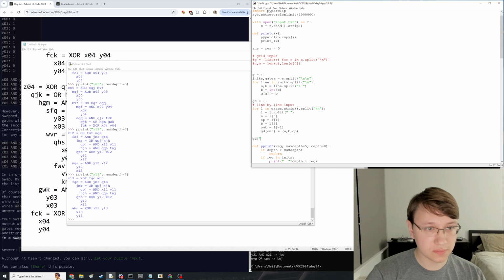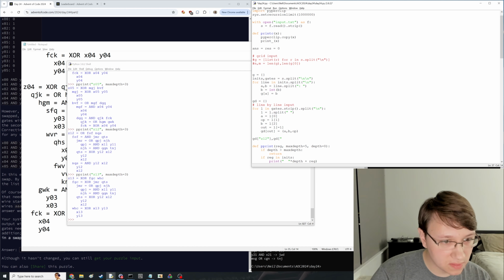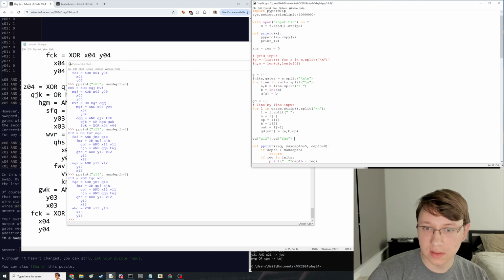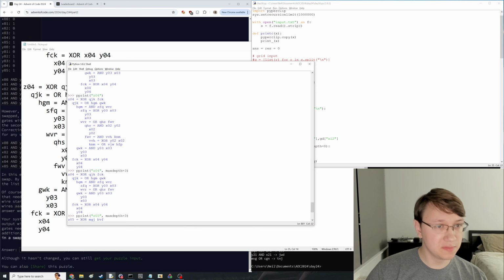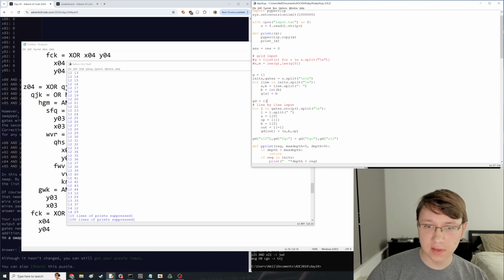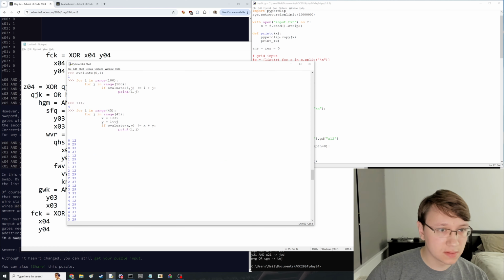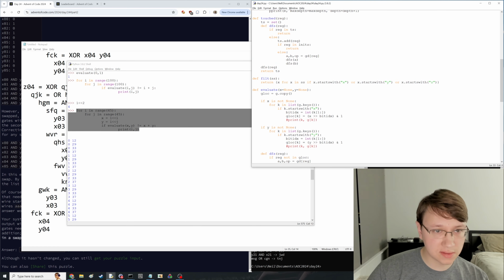So Z12 and FGC, let's switch these. This does work in Python for an atomic replace because it evaluates the right-hand side first. And then let's get this thing back and see when things are wrong.